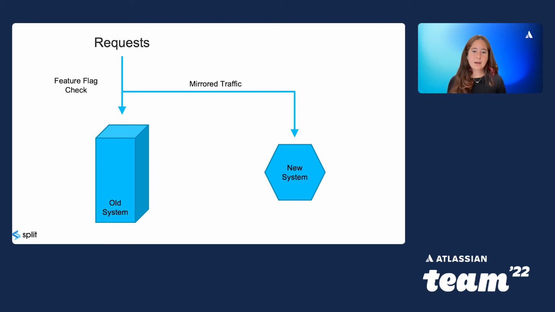So in this case, we're going to go ahead and asynchronously send all of the traffic that was going to the old system to the new system as well. And how it's useful to have a feature flag here is because we want to be evaluating the cost of the new system. We can pretty specifically limit when we're sending the traffic to the new system.